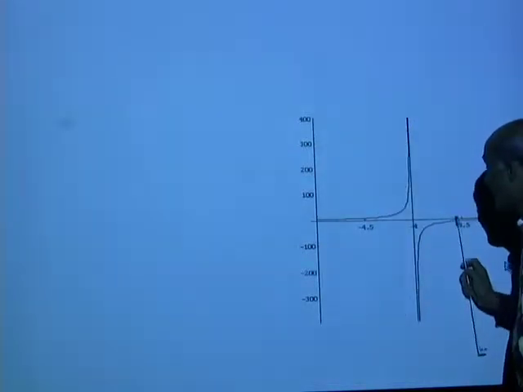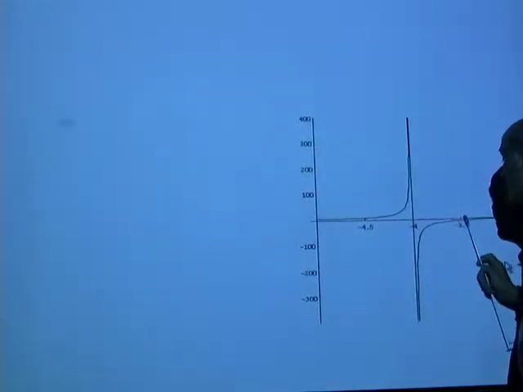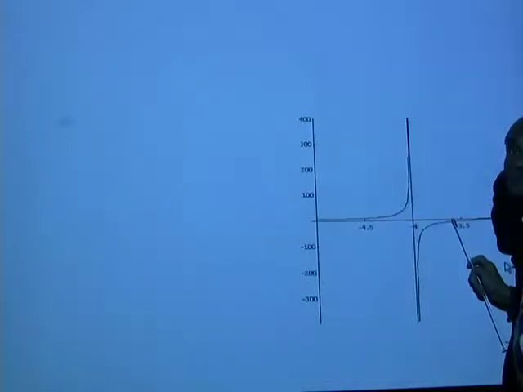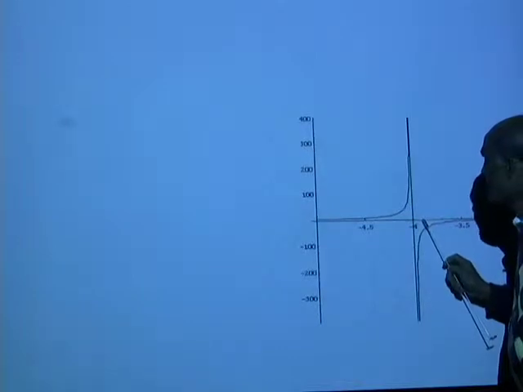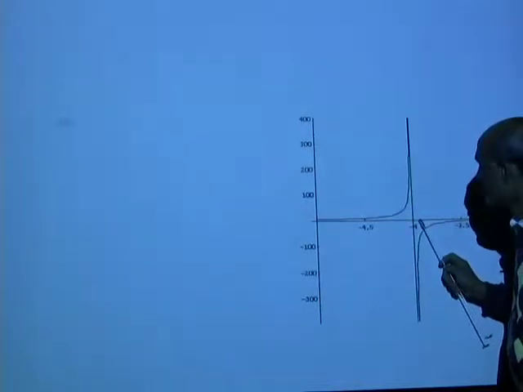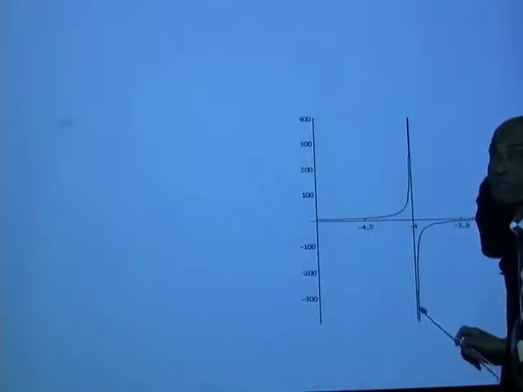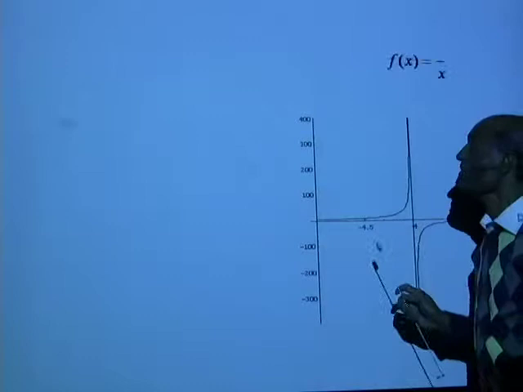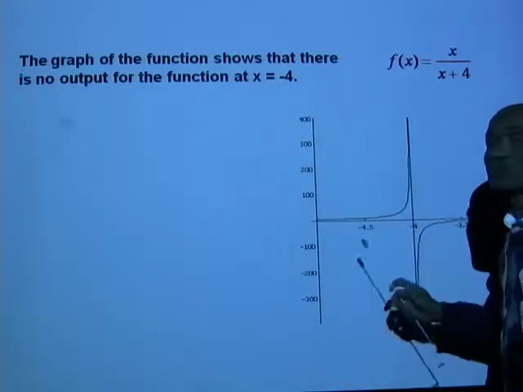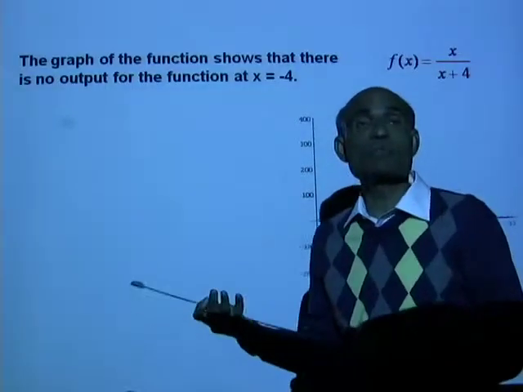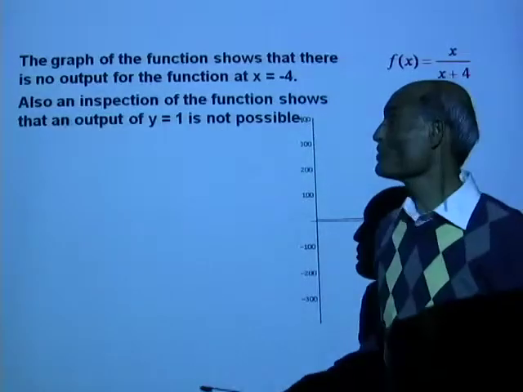In the same way, as x gets closer and closer to -4 from the right, -3.5, -3.6, -3.7, -3.8, -3.9, and it gets closer to -4, the output goes to -infinity. You see, there is a break in the function graph at x equal to -4. That means x equal to -4 does not give you a meaningful output. X equal to -4 is not in the domain.